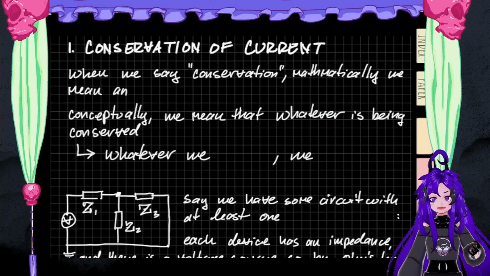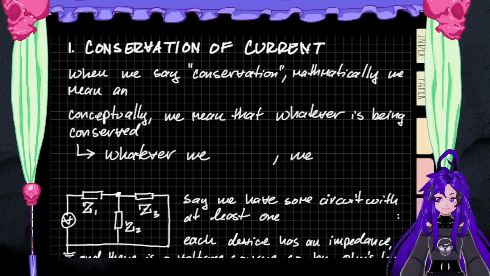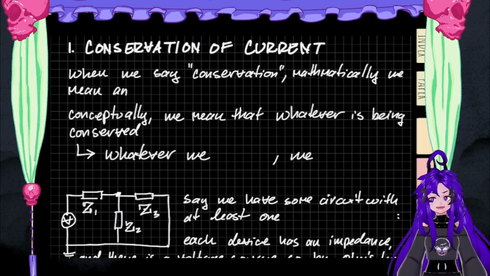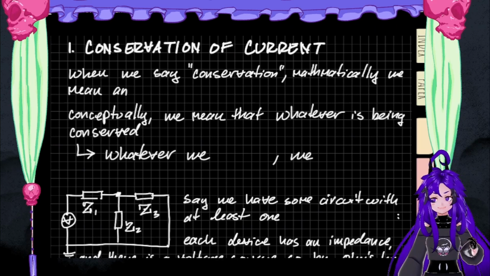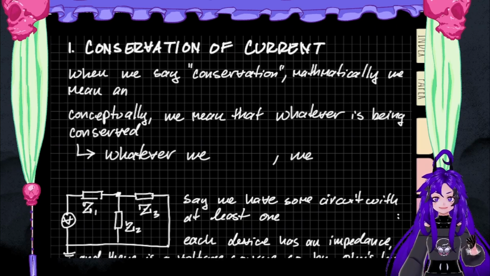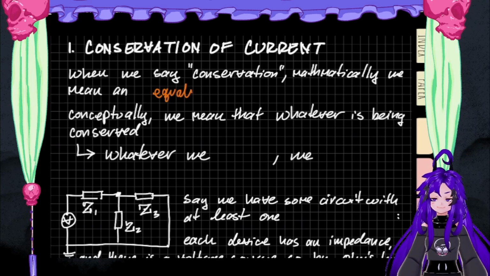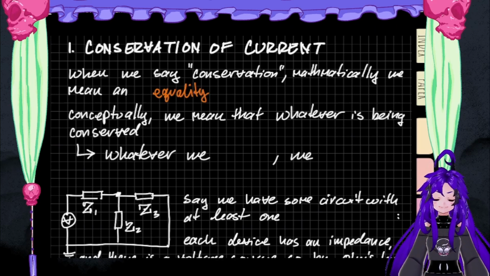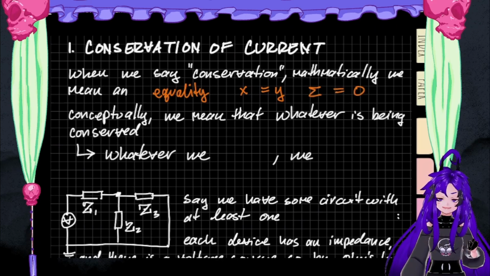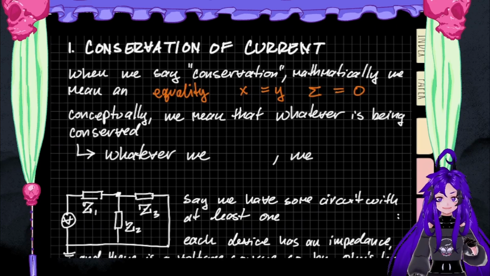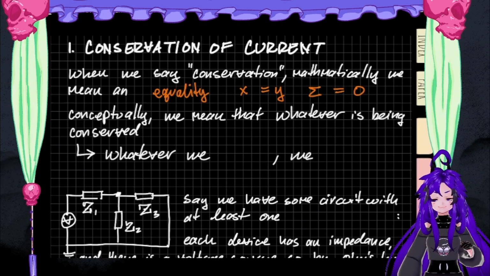Alrighty, so first up, conservation of current. When we say conservation, mathematically, we are talking about an equality: something always equals something. In the case of conservation, it's generally a sum equals 0, but it's a sum under specific conditions.